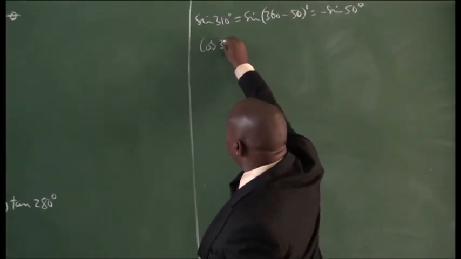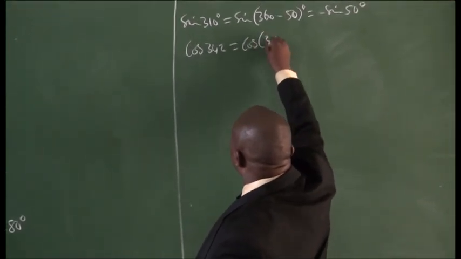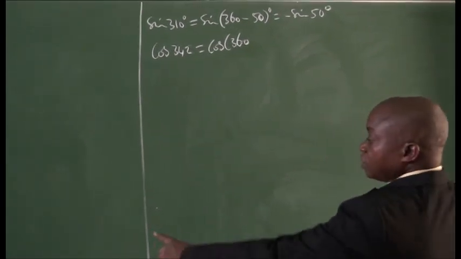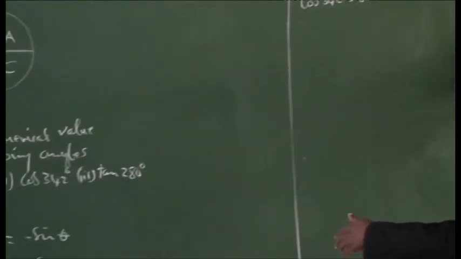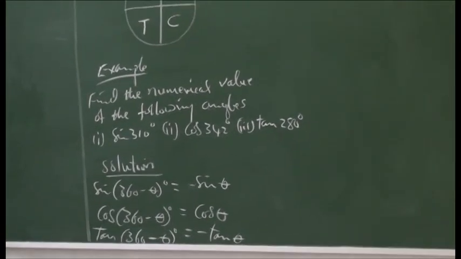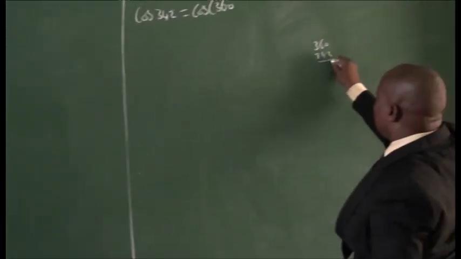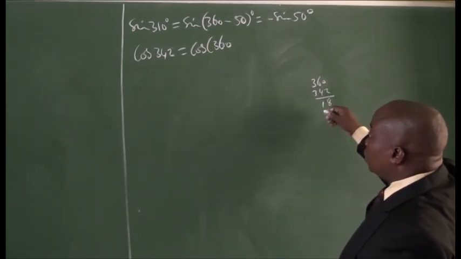Cos 342 will be cos of 360 minus 18. Now 360 minus 342, we have 18.